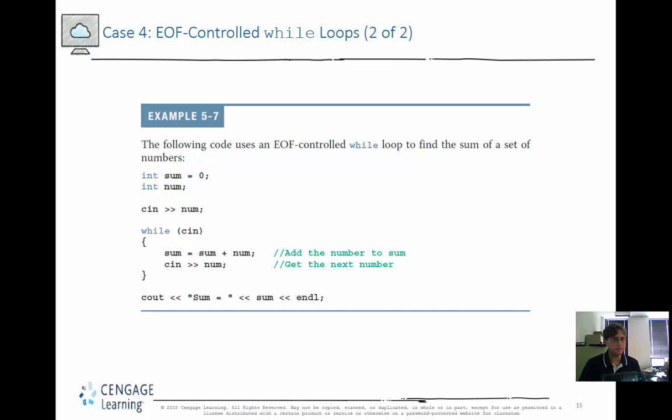Then your test is while infile, or while that input stream. And then your update at the end is just like your initialization. You're just getting the next value. As long as you haven't reached the end-of-file marker, it's going to keep going.